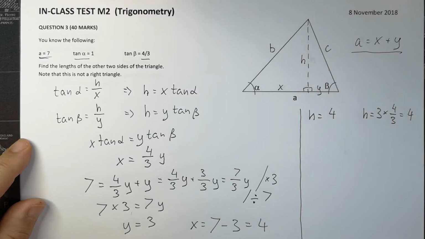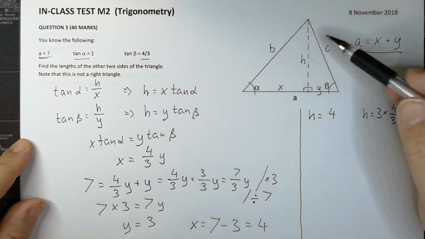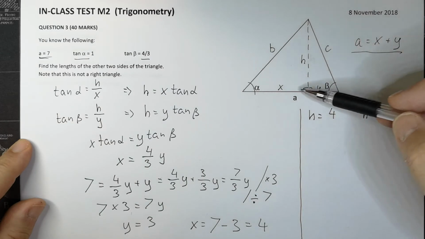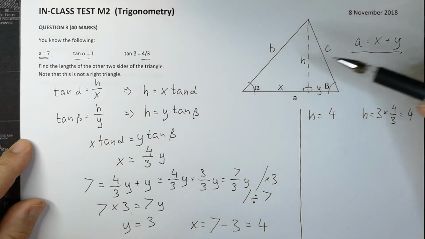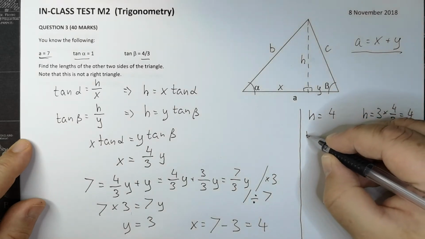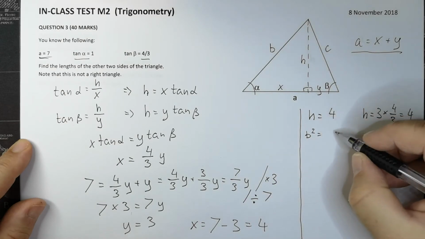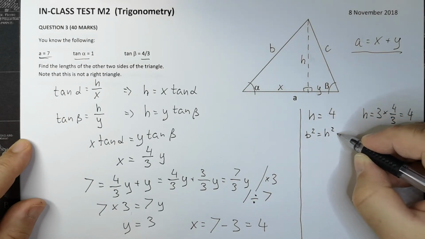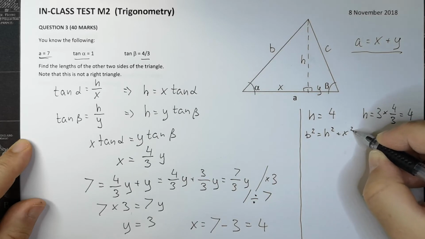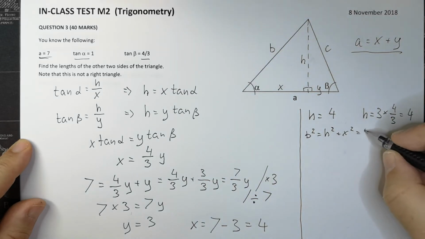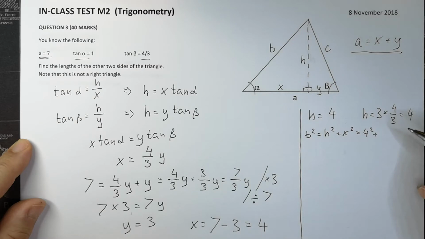Now I have most edges in both triangles known, so I know H, I know X, I can find B from the Pythagoras theorem. B squared equals H squared plus X squared, H squared is 4 squared, and X squared is also 4 squared.